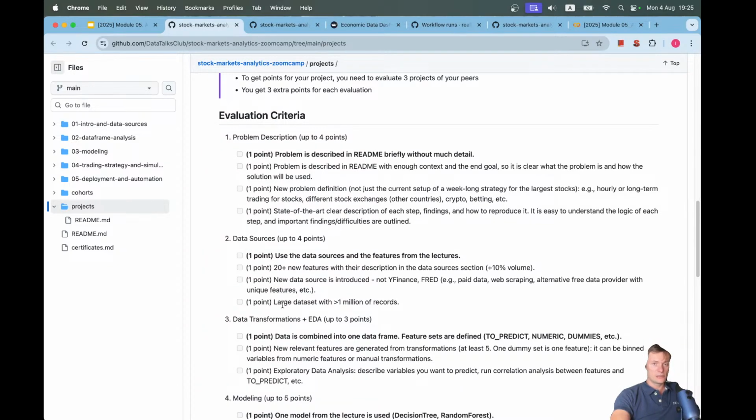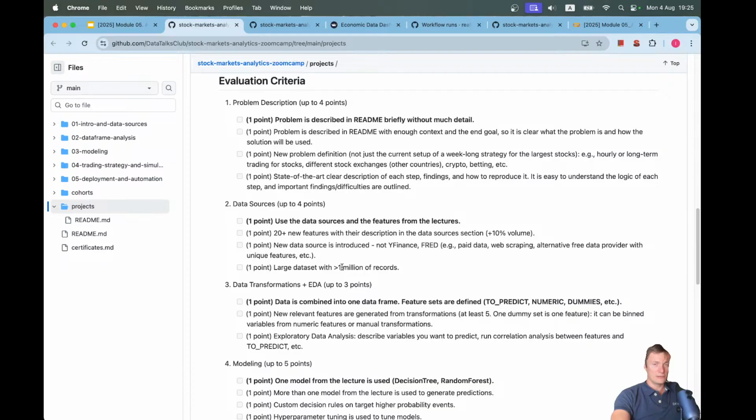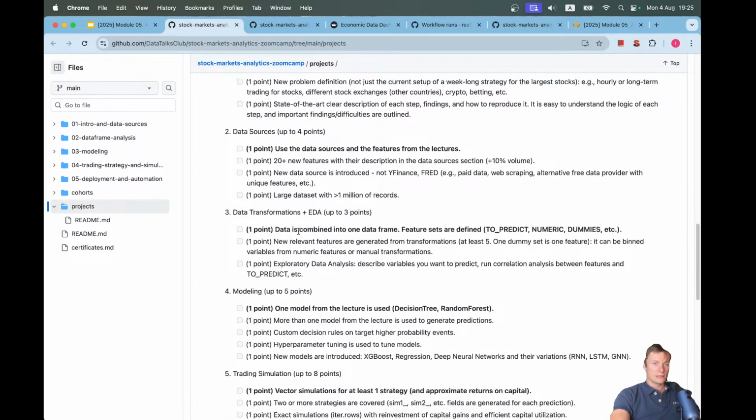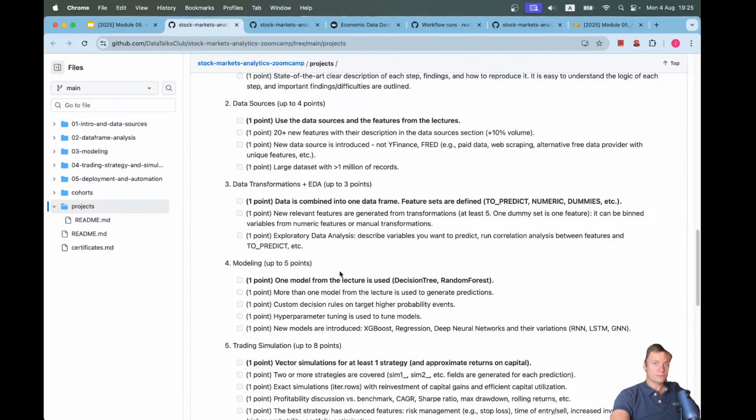Then data sources: if you add more data sources, more features, if you have a big data frame like 1 million records or so. Data transformations: if you show the exploratory analysis, if you create more variables during the data transformation stage, you get more points.